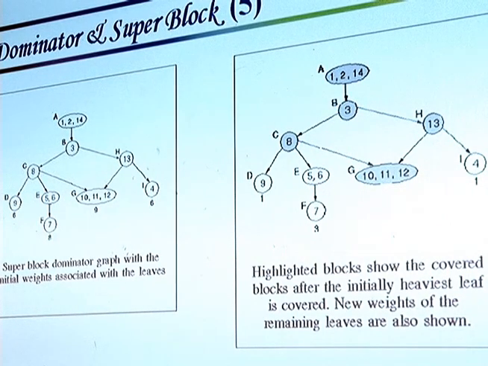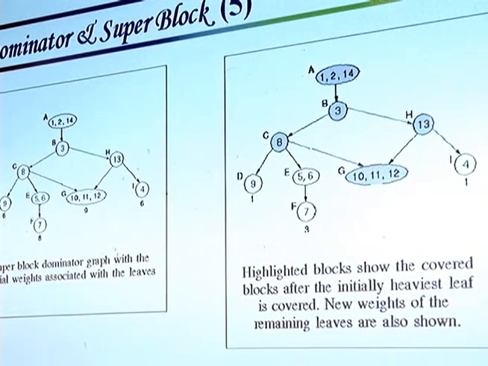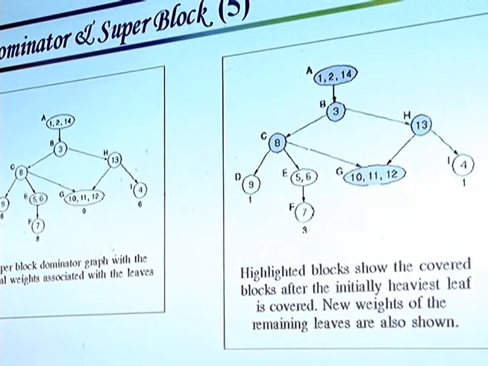And here, 8 to 3. How come 8 to 3? Because 1, 2, 14, 3, and 8 are already covered. Only 3 remaining uncovered. So in the beginning, your target will be this one. After the first execution, the target is this one.